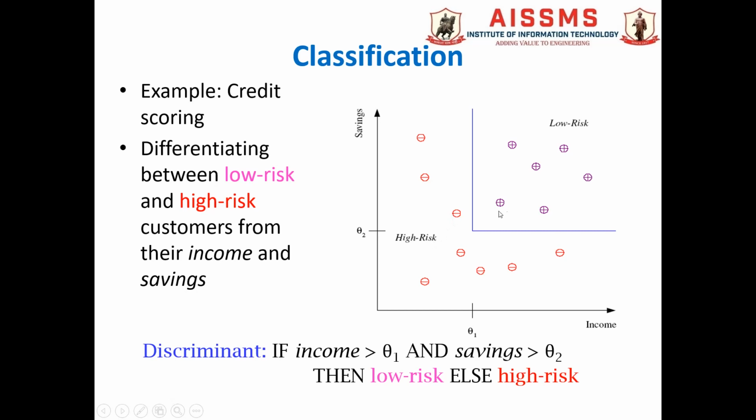Here there are only two output classes. The particular data points will either fall in the low risk category or the high risk category. That's why such types of problems are called classification problems.